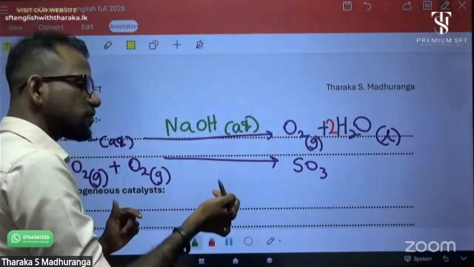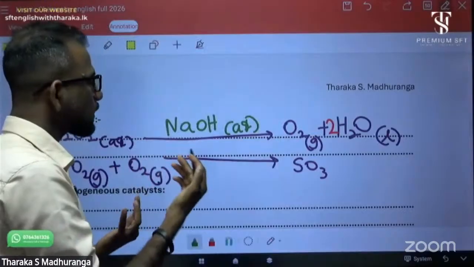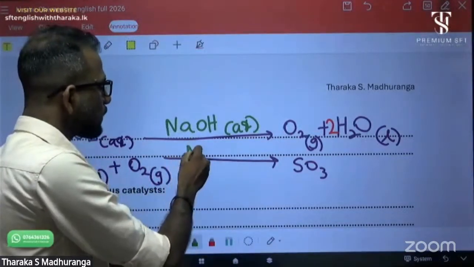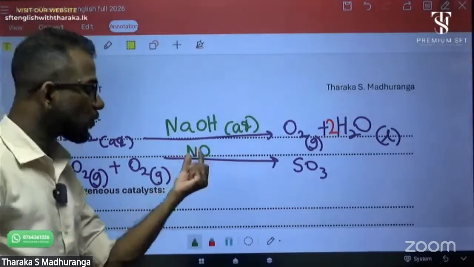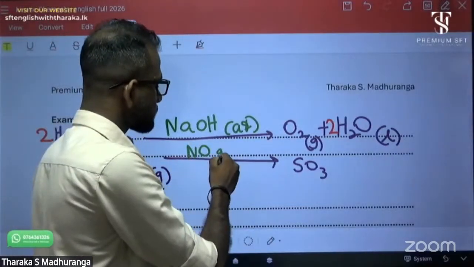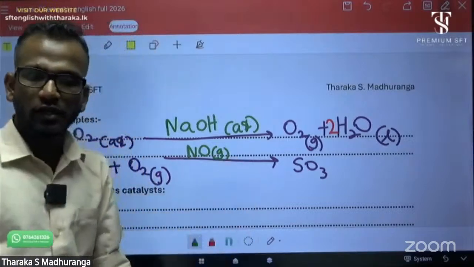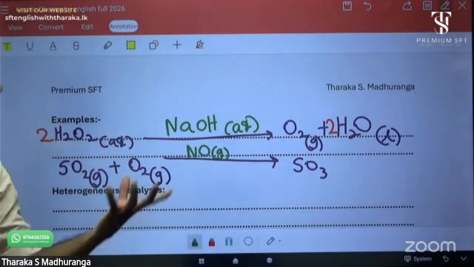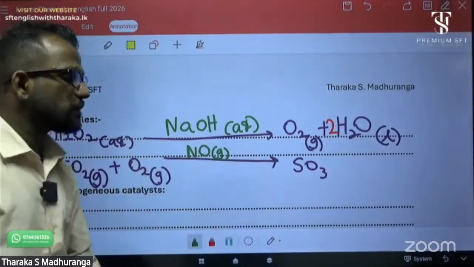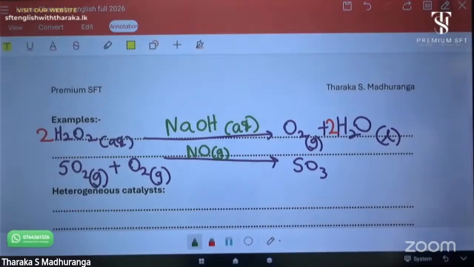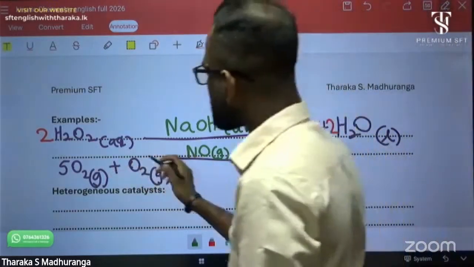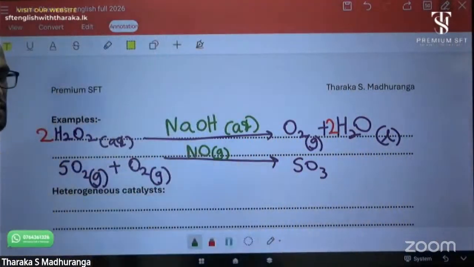This chemical reaction we can accelerate, or increase the rate of, by adding nitrogen monoxide gas, NO, as a catalyst. That one is also a homogeneous catalyst: both reactant and catalyst are in the same physical state.